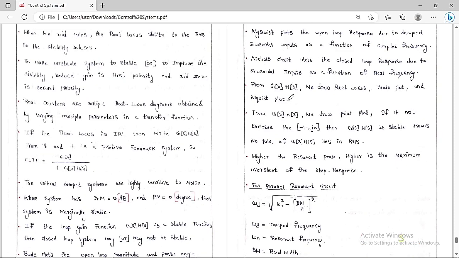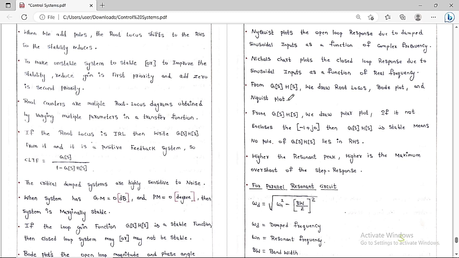The next point is, from G(s)H(s), we draw the root locus, as well as the Bode plot, as well as the Nyquist plot. I already told you, from the open loop transfer function G(s)H(s) only, we are going to draw the root locus, the Bode plot, and the Nyquist plot.